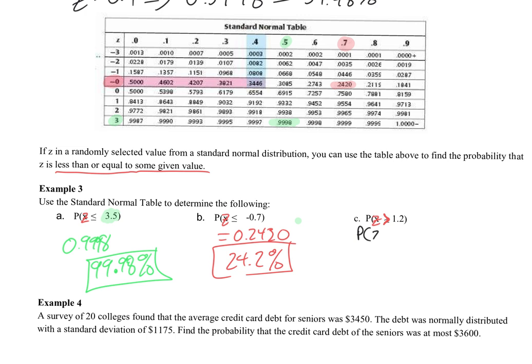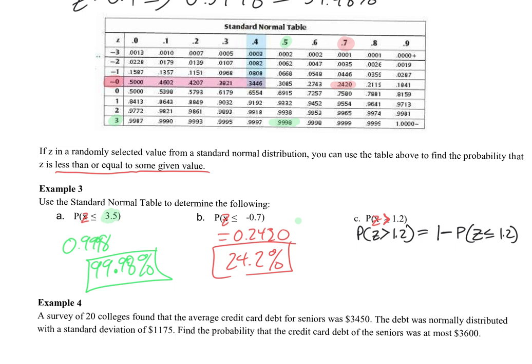The probability that your z-score is greater than 1.2 would have to equal 1 minus the probability that my z is less than or equal to 1.2, right? So if this accounts for all the times when it's less than or equal to 1.2, and 1 is the whole amount of probability, I just subtract it. Basically, this probability here and this probability here should add up to 1 whole.